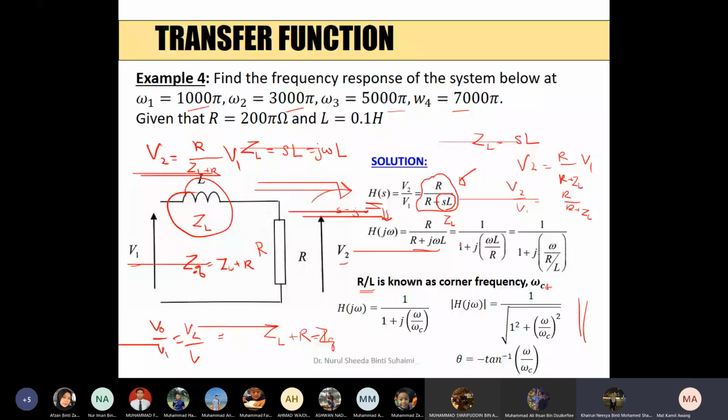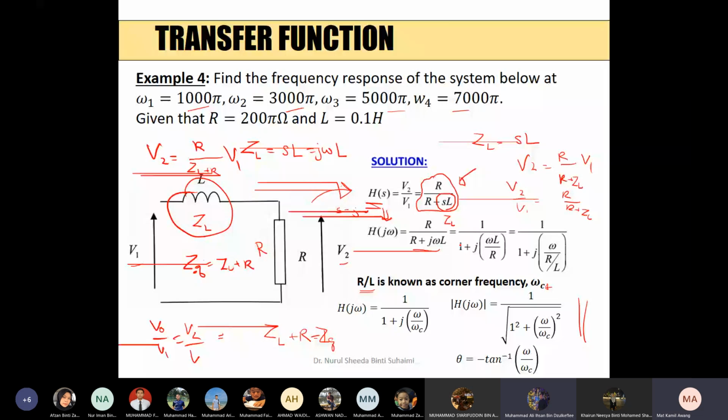Kita kena cari phase dengan magnitude dia. Okay, this is in this form and this is in polar form. Phase and magnitude.